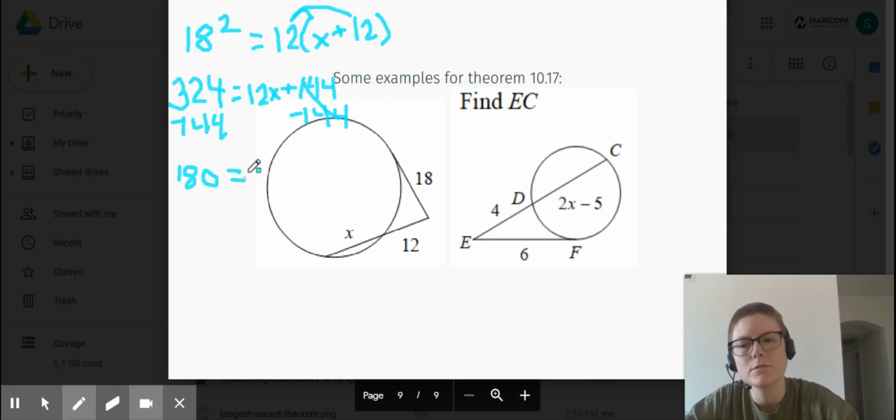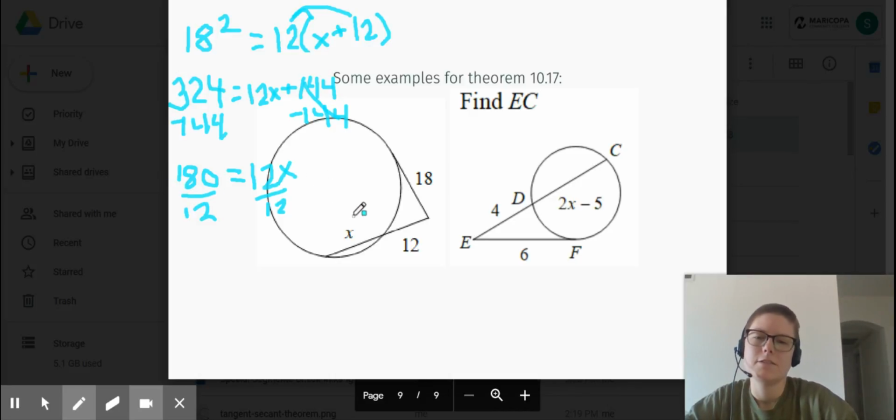It's equal to 12x. We got to get x by itself, so we divide out that 12. Pretty sure that's going to be 15. I was right. I didn't say it though, because if I was wrong, it would have been embarrassing. But yes, x is 15.